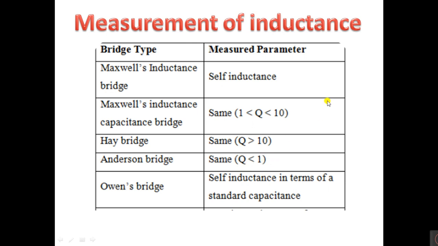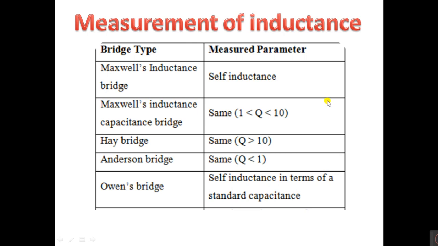By comparing these, we can conclude that the Anderson bridge is used to measure inductance and is suitable for low Q coils. Wherever low Q coils are there, we can measure the inductance with the help of the Anderson bridge. The Anderson bridge is a modified Maxwell inductance capacitance bridge.